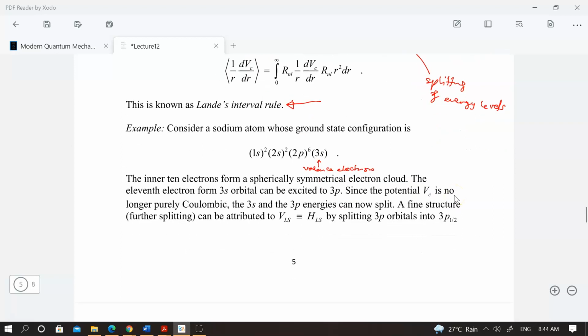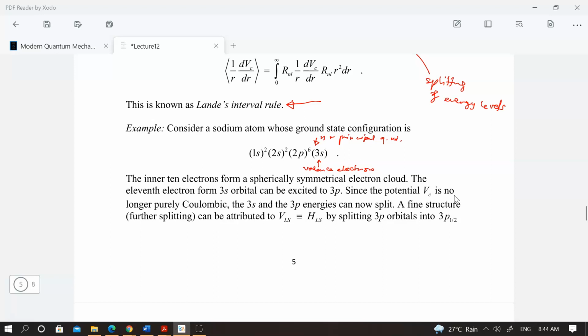When it does that, remember the energy levels are labeled by your n, the principal quantum number. So going from s orbital to p orbital, if you just follow n, they are supposed to be degenerate, because your energy is just labeled by n, not by L. But now your inner electrons give you a potential which is different from Coulombic.